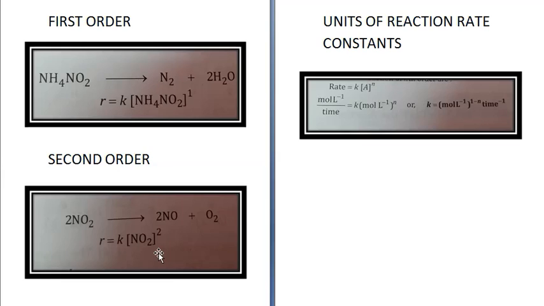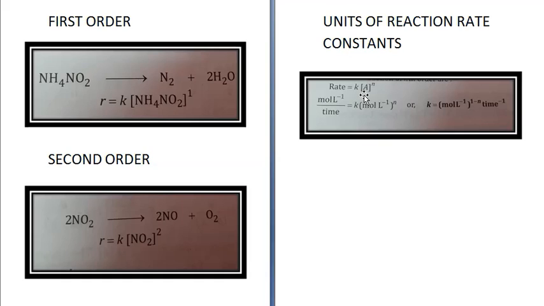Now we come to the unit of rate constant. Now you know that rate is given, if you look at the nth order, suppose order of reaction we take as n. So rate will be given as rate is equal to K [A]^n.